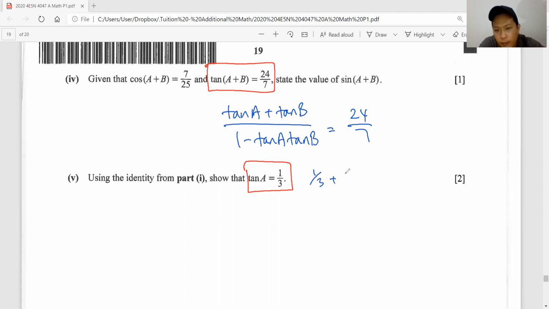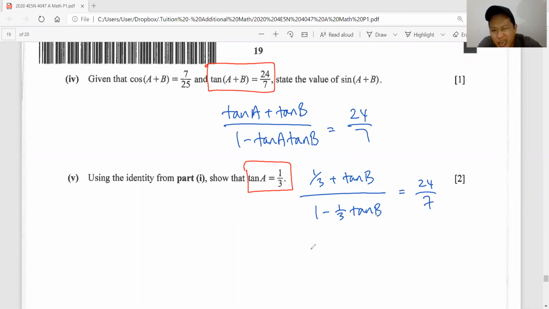So 1/3 plus tangent B. I said B, why did I write A? You see, guys, careless mistakes are real, whether you are a student or teacher. Humans are inevitably careless. So always double check your working. If not, you lose marks in O level, then I embarrass myself on YouTube.